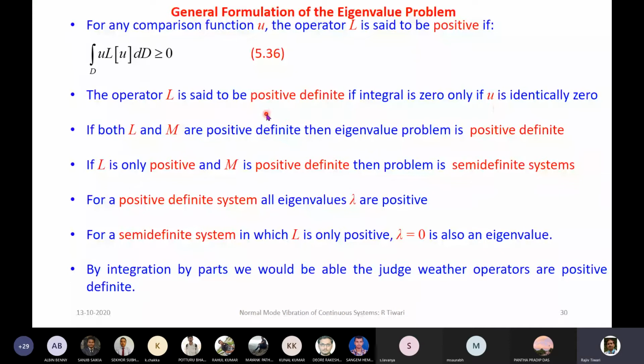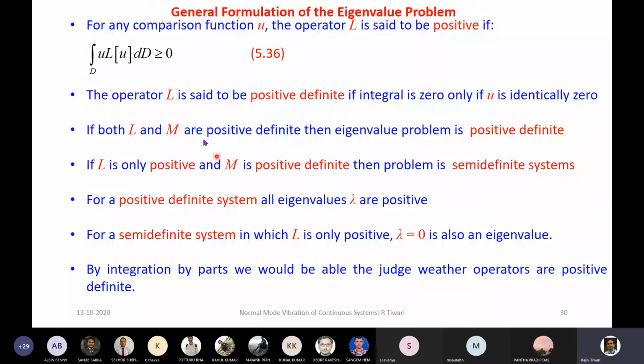So here I mentioned L is only positive and M is positive definite. Generally, M is similar to the mass matrix. We have seen that the mass matrix is related with the kinetic energy, which is always positive definite. So here also the M operator will always be positive definite.